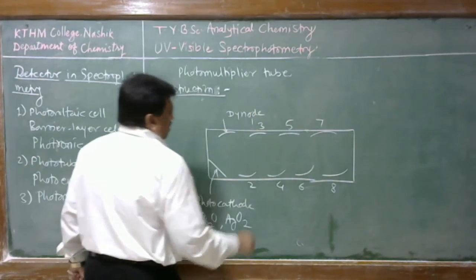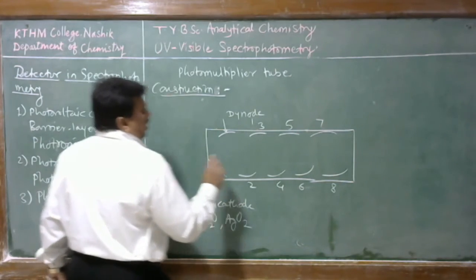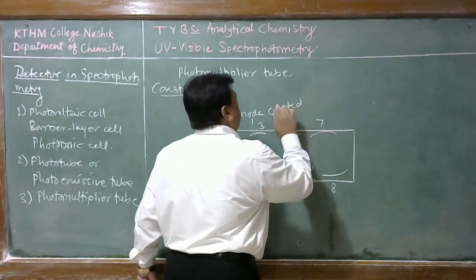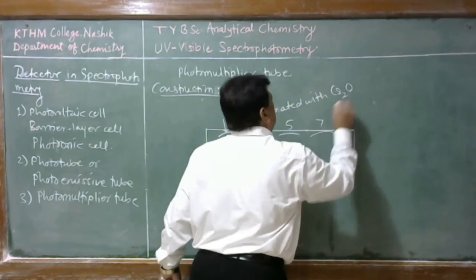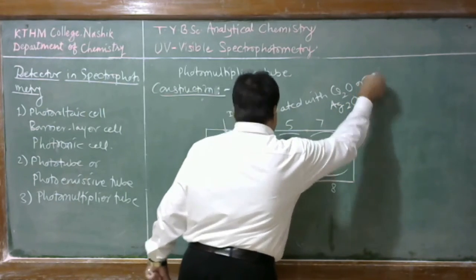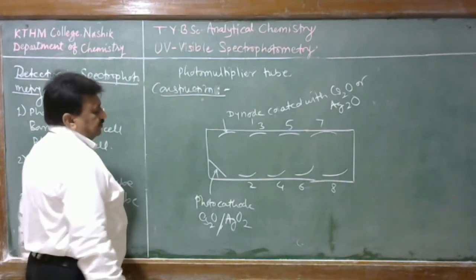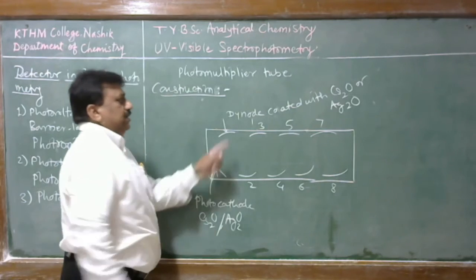Therefore, more than 7 diodes are present. Each diode is coated with cesium oxide or silver oxide, Ag2O.